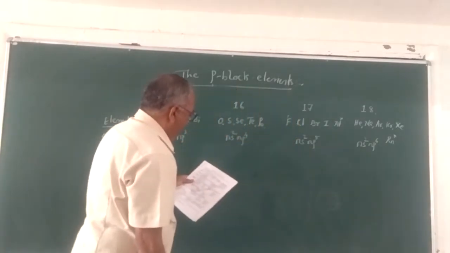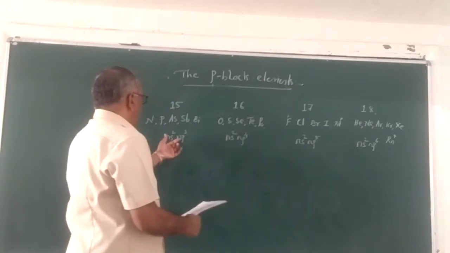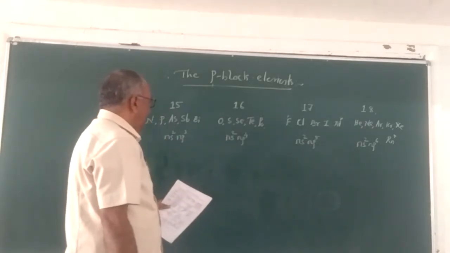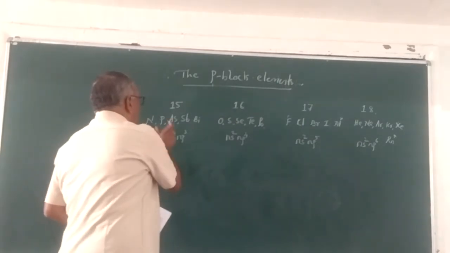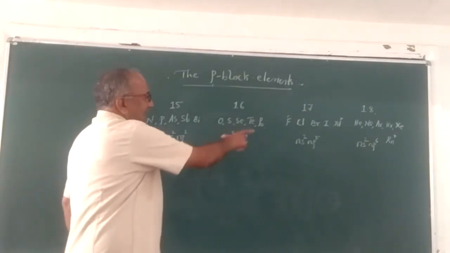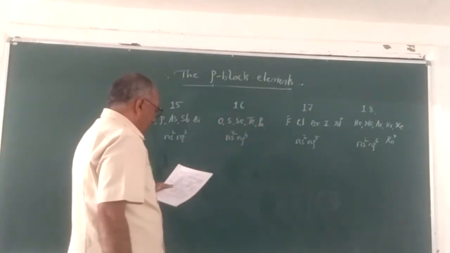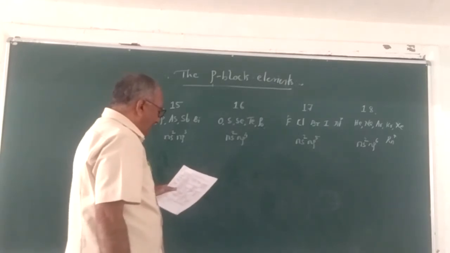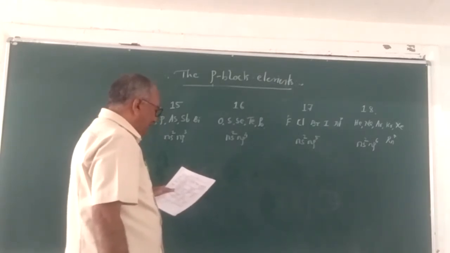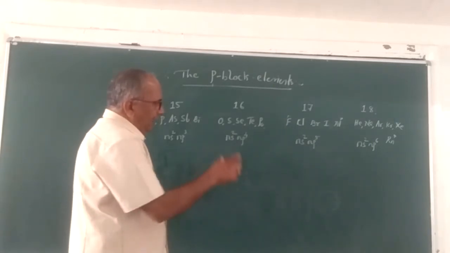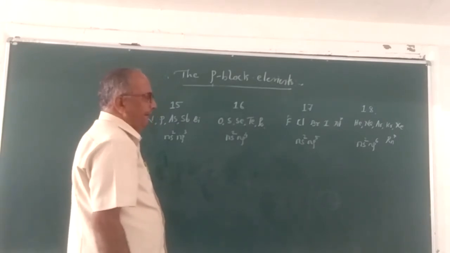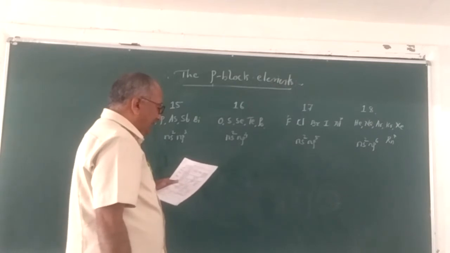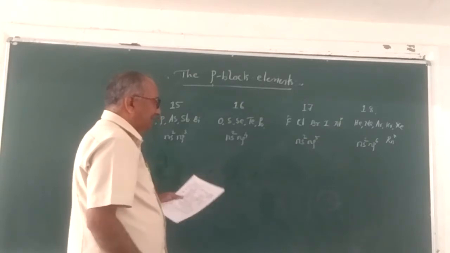Here the 15th group elements have a half-filled p orbital, therefore they have extra stability compared to the other group elements. And the 18th group elements have completely filled orbitals, hence the octet is completed and they have high stability.